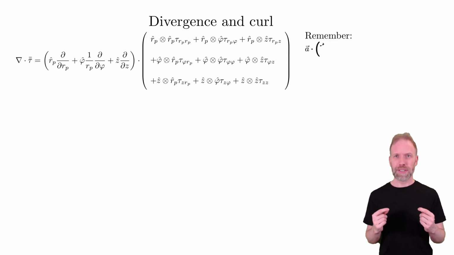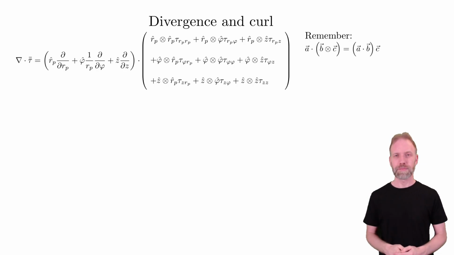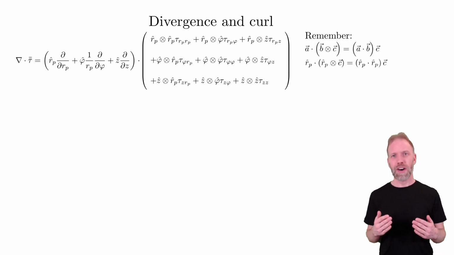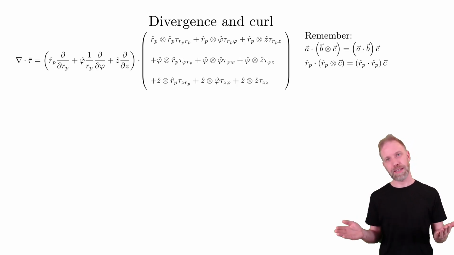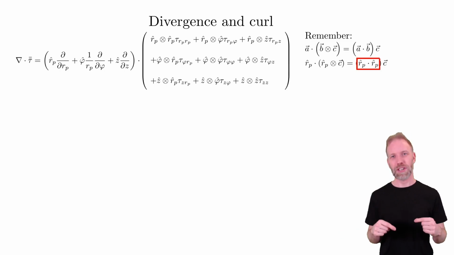I want you to recall the associative property of the dyadic product, which means we can do the dot product first. If you have rp hat dot the dyadic product of rp hat and c, this is rp hat dot rp hat times c. As rp hat dot rp hat is 1, this would just be c.